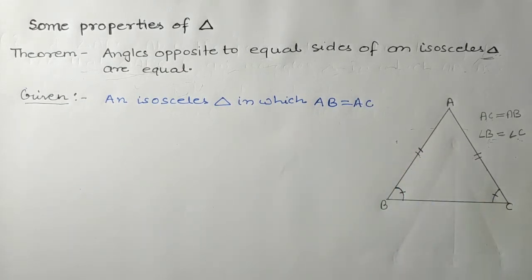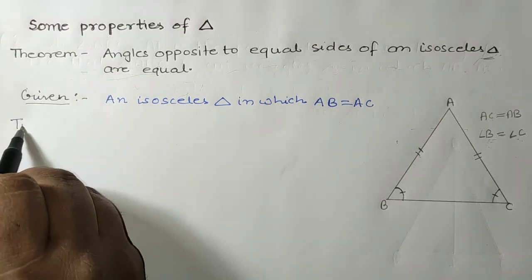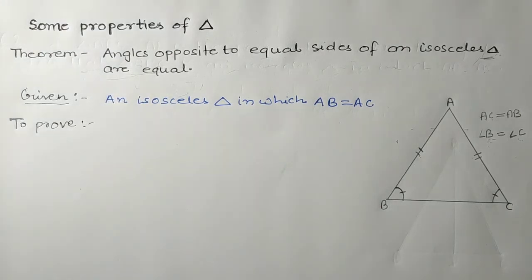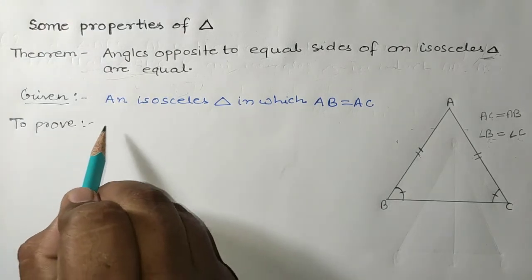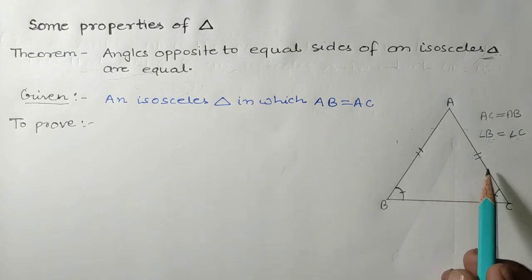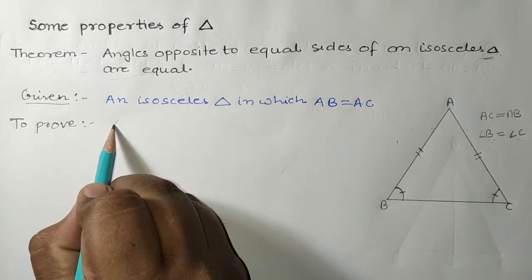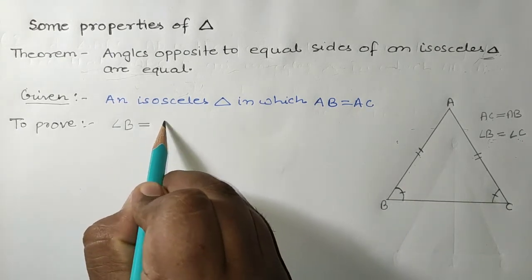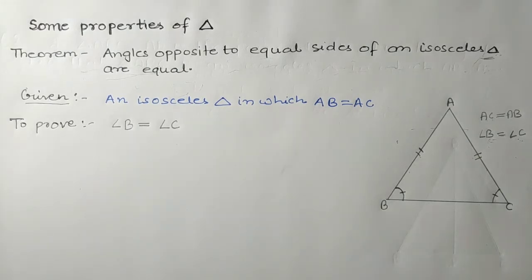These two sides are equal. Now what is to prove? We have to prove that the angle opposite to the side AC, that is angle B, and the angle opposite to the side AB, that is angle C, are equal. That is, angle B is equal to angle C.